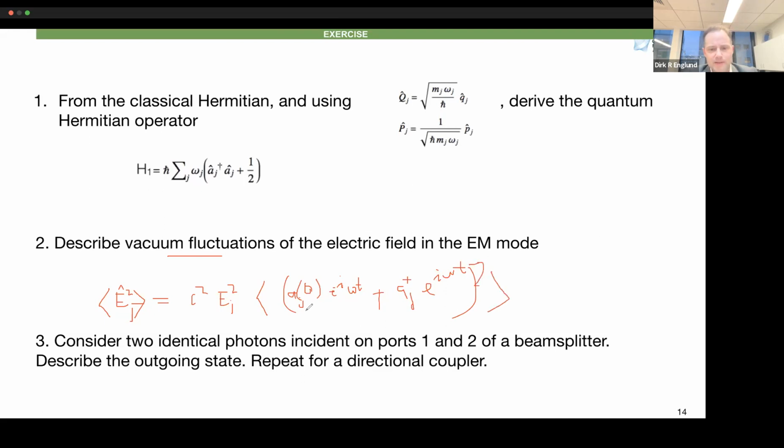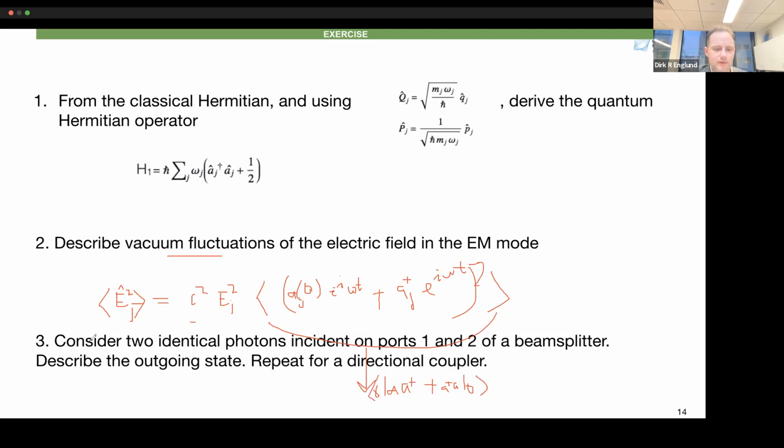If you write this out, all terms a squared or a dagger squared drop out to 0, and what you're left with is the term a times a dagger plus a dagger a, on the vacuum field.